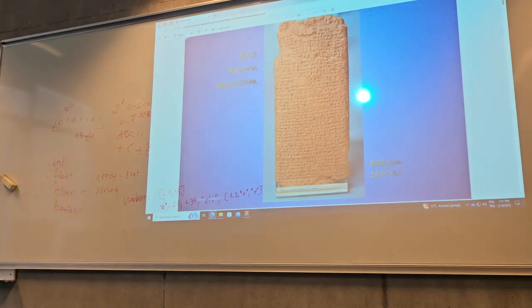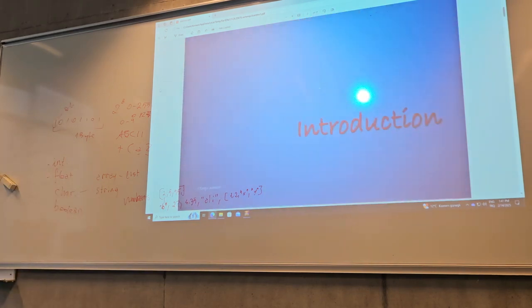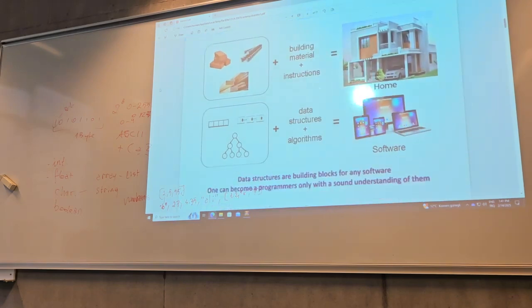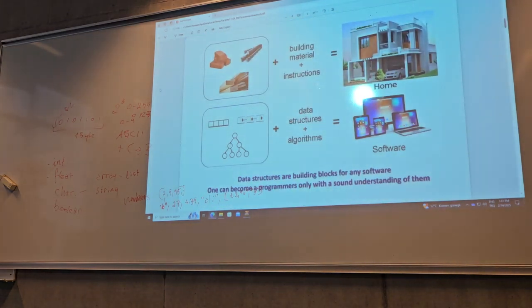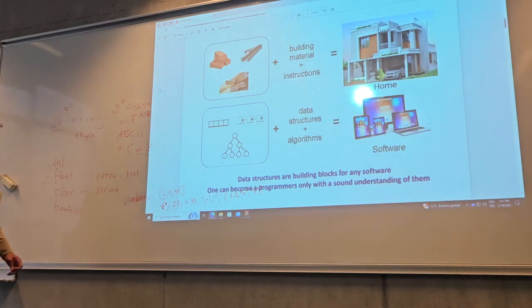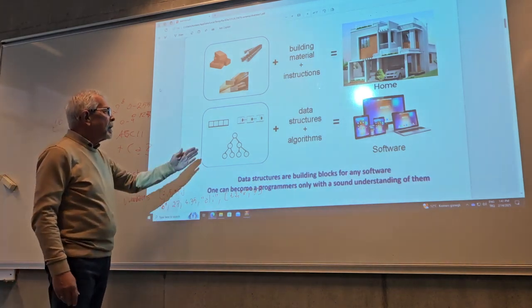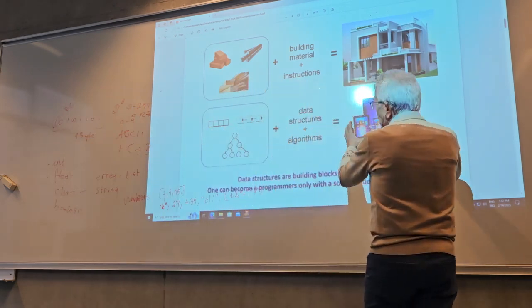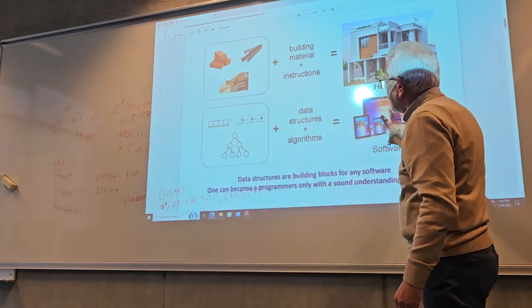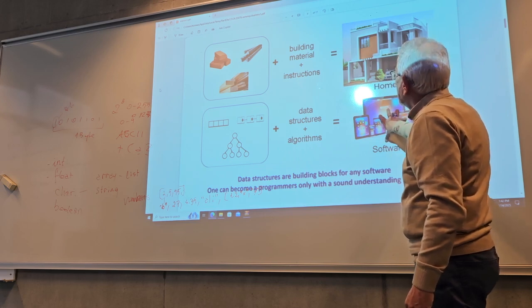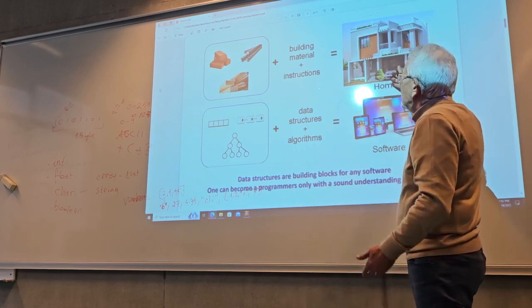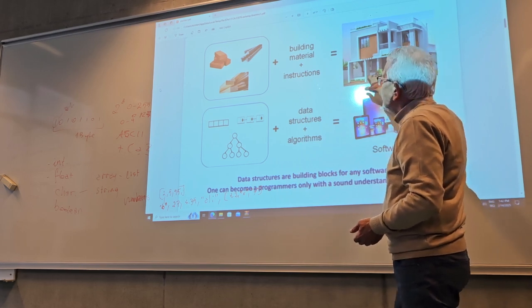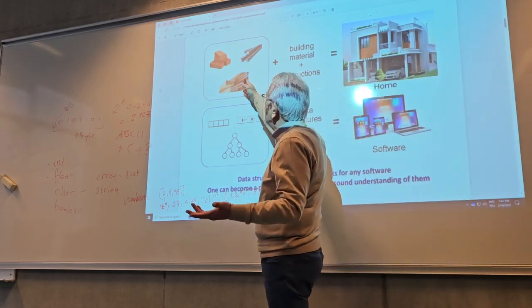So if we talk about the data structures, again, I can say these are the building blocks of software engineering. Here, for instance, the building itself is the system or software, all right? Just like this one, it can be any building, whatever. And to build such a building, we use such building blocks, right?